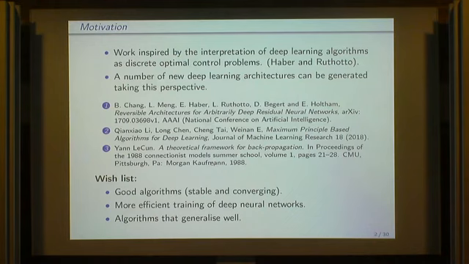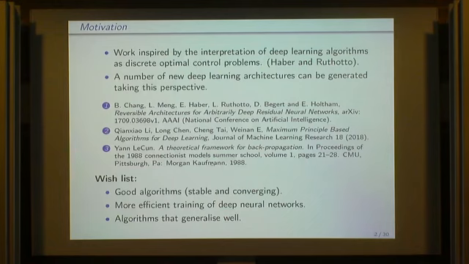All right. So the first part is about this deep learning as optimal control. This is work inspired by some earlier work by Haber and Ruthotto and by the group of Weinan E, but also work that appeared much earlier by LeCun in the late 1980s. So what is this interesting for?